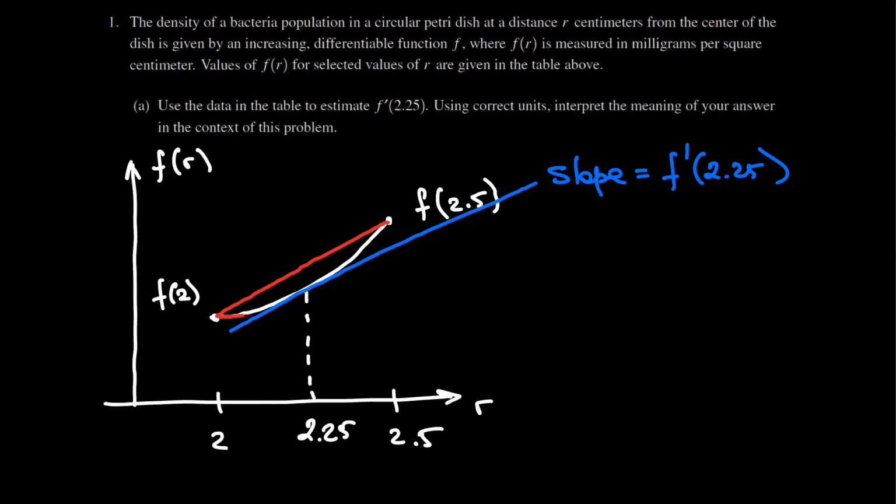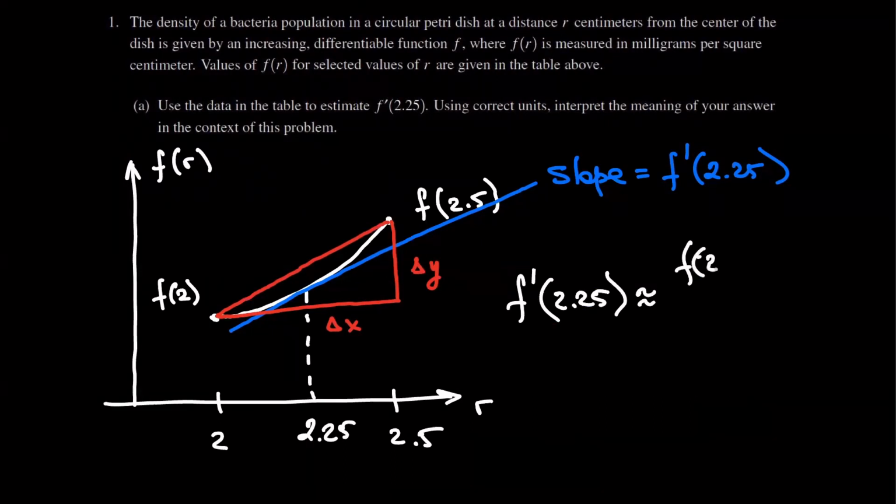And the slope of that line we can calculate as per the usual formula, rise over run, dy over dx. So then, putting this all together, we get that f prime of 2.25 can be approximated as f of 2.5 minus f of 2 divided by 2.5 minus 2, so rise over run.